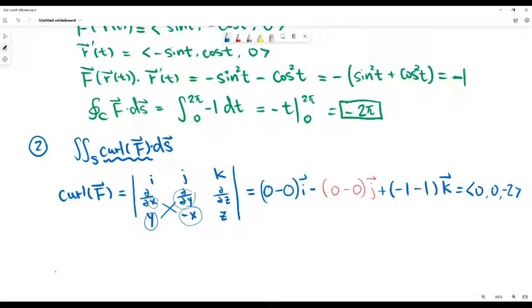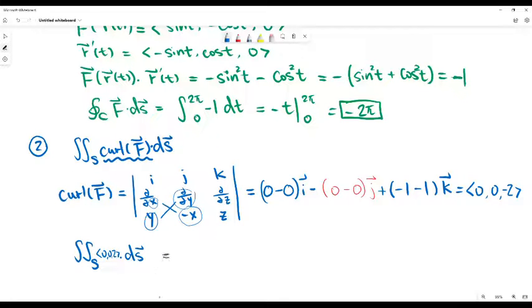So remember how we do a vector surface integral? My vector field now, this is what we're integrating. It's not F, right? It's the curl of F, that's our 0, 0, negative 2.